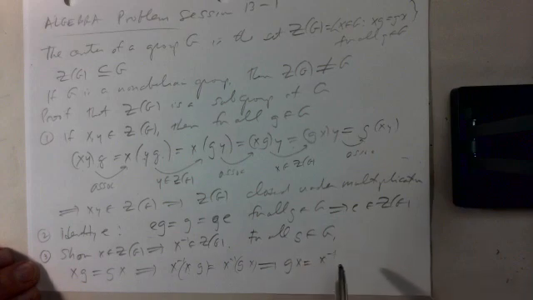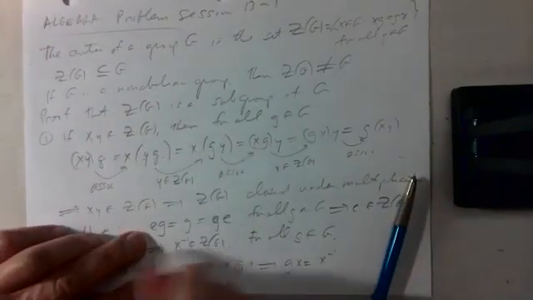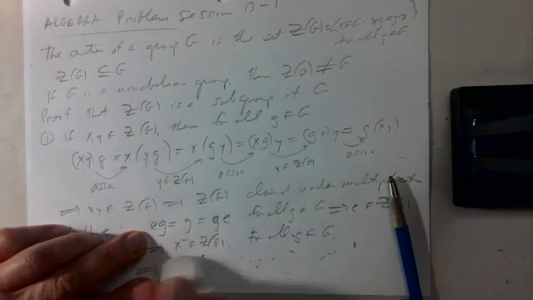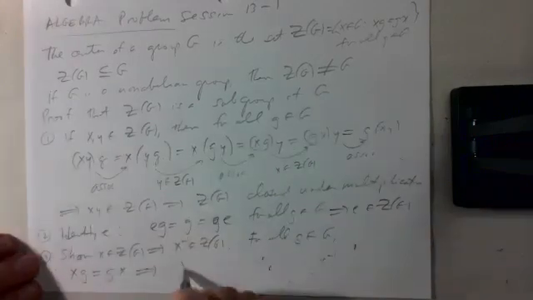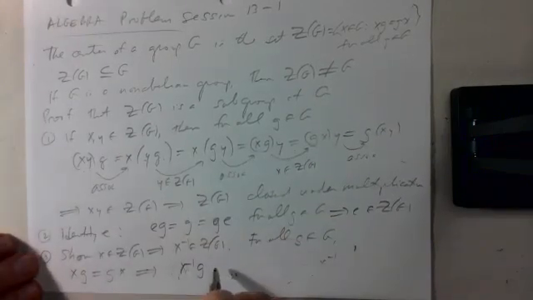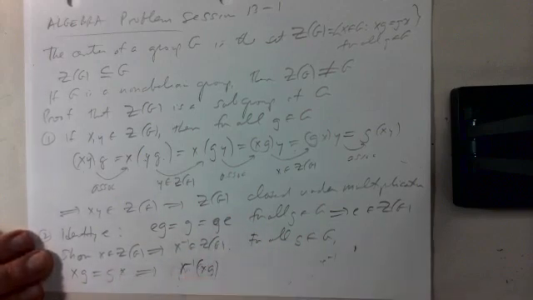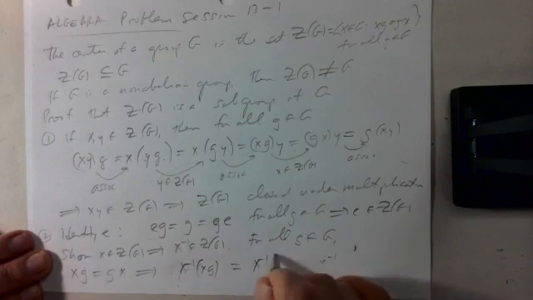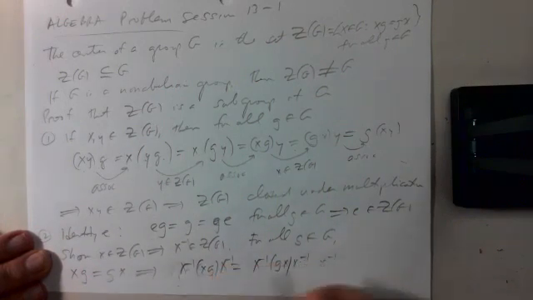Let me do this in 2 steps again. So let me multiply on the left by X inverse. I get X inverse XG equals X inverse GX. I just multiplied this element on the left by X inverse. And let me also multiply it on the right by X inverse.